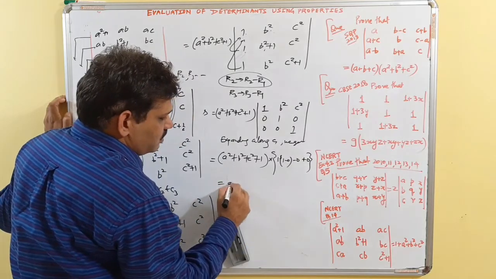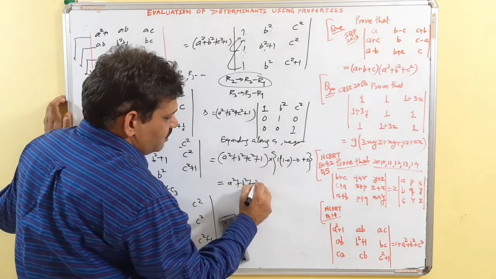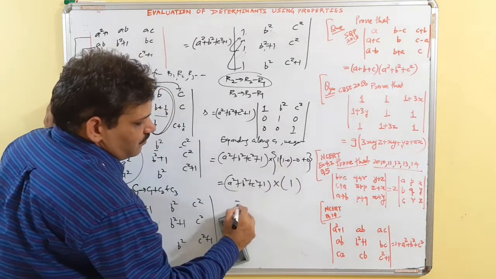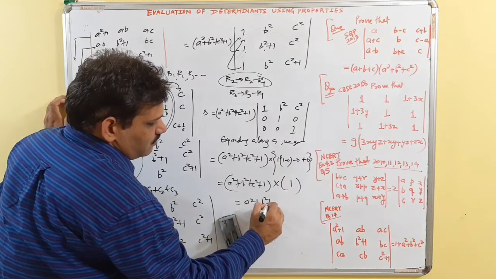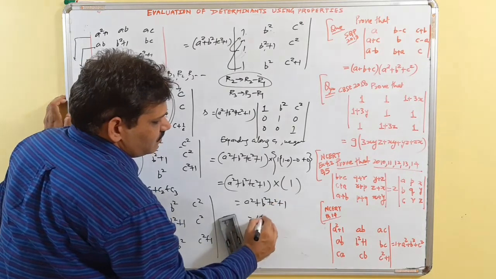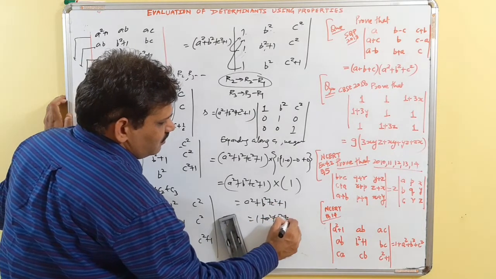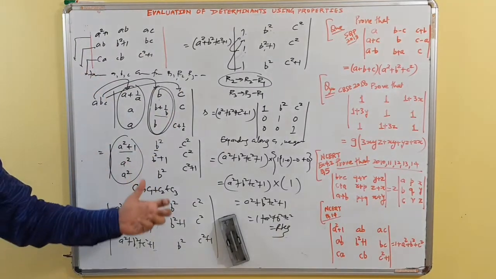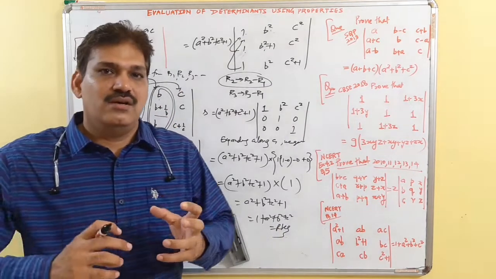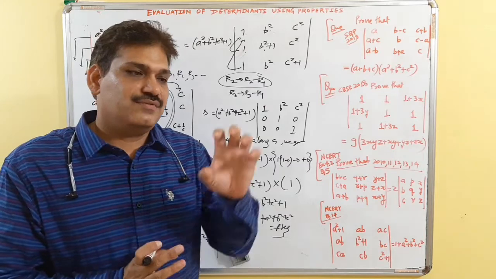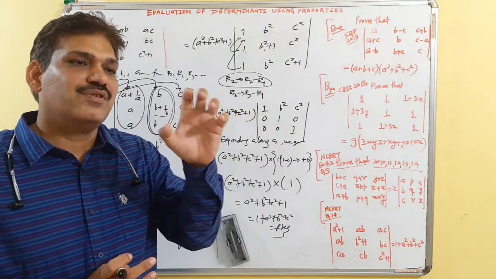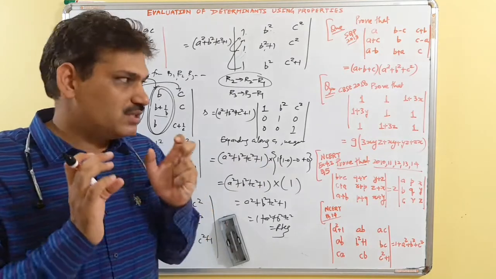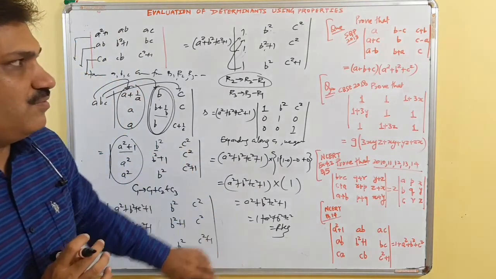So this gives a square plus b square plus c square plus 1 into 1. Finally a square plus b square plus c square plus 1, that is 1 plus a square plus b square plus c square, is the RHS. So if nothing works, we take common a, b, c from rows and multiply it in columns or vice versa. This is how we do these kinds of questions.